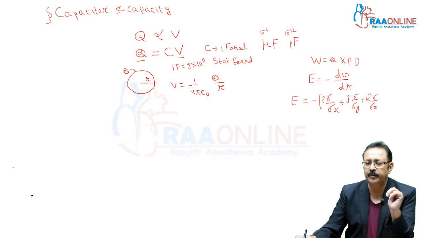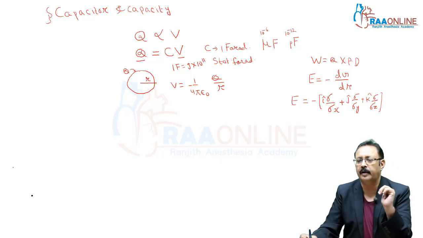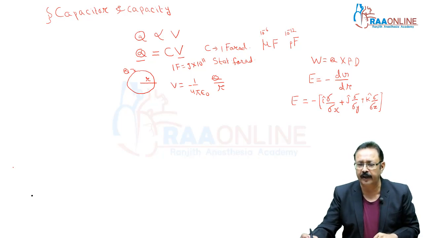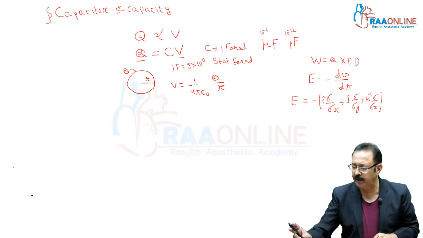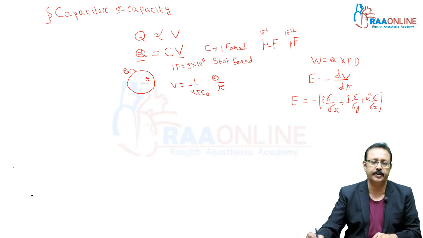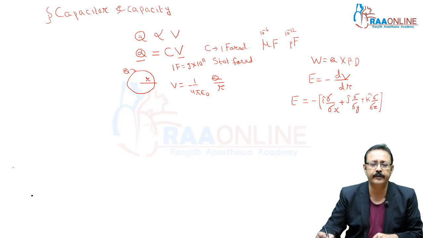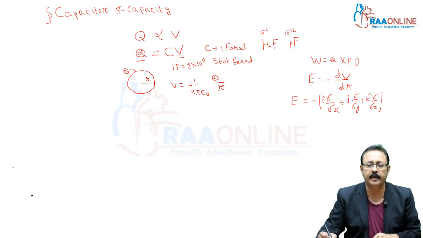So you can calculate electric field by these two formulas, and this is the relation of electric field and potential. We denote potential by V, and work is charge into potential difference. So what potential did we get? 1 upon 4 pi epsilon naught Q by R.